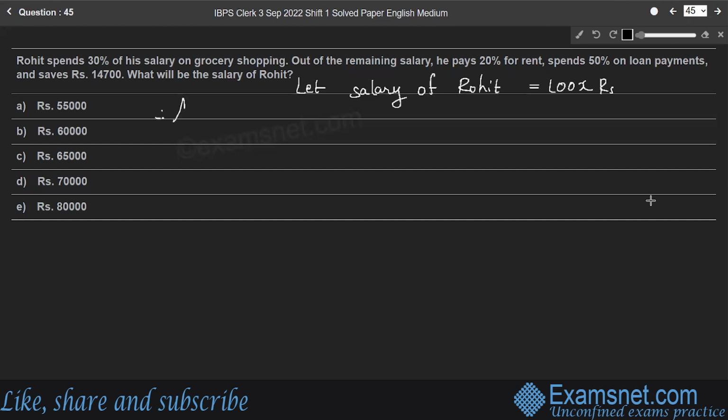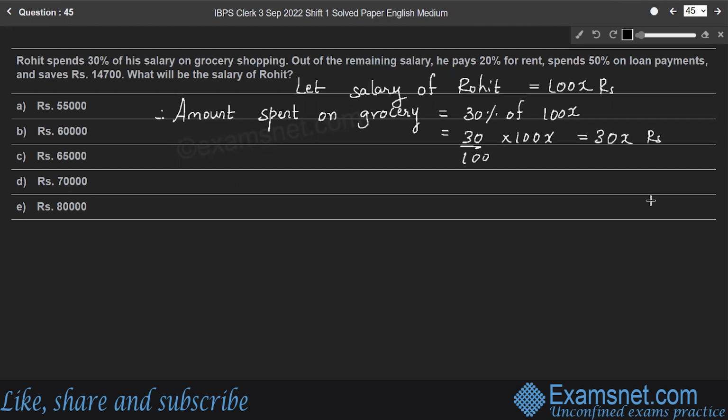Therefore, amount spent on grocery is equal to 30% of 100x. Right? So which is 30 by 100 into 100x, which is 30x rupees. Whereas the remaining salary is, what is the remaining salary?